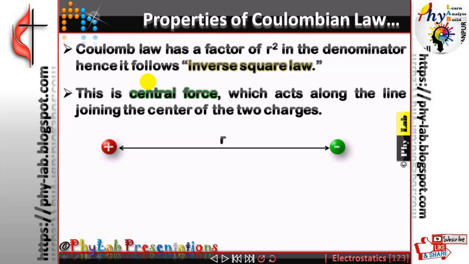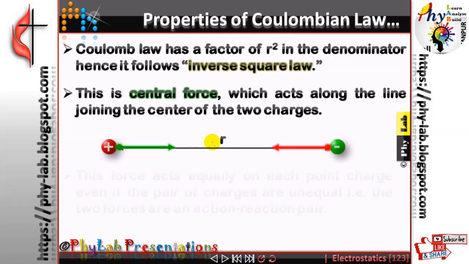So the negative charge is pulling the positive charge, so it is acting along the line which joins the two charges. Similarly, the positive charge also pulls the negative charge, and this force of attraction also acts along the line joining the two charges.